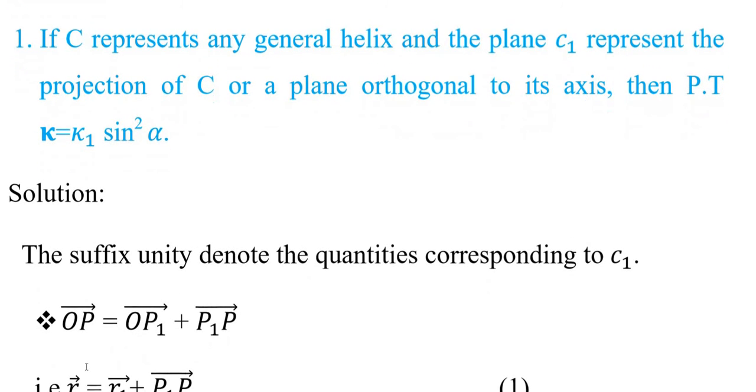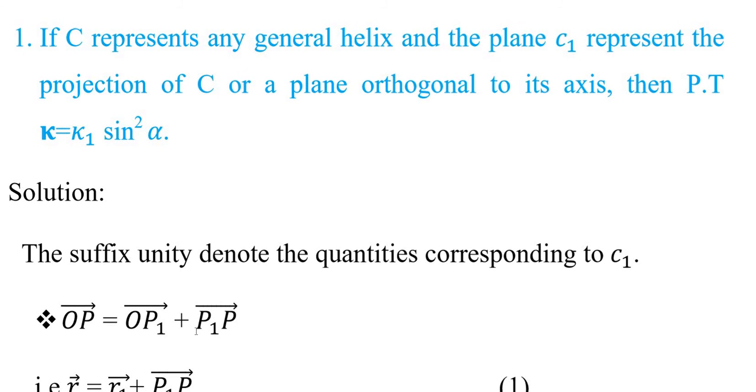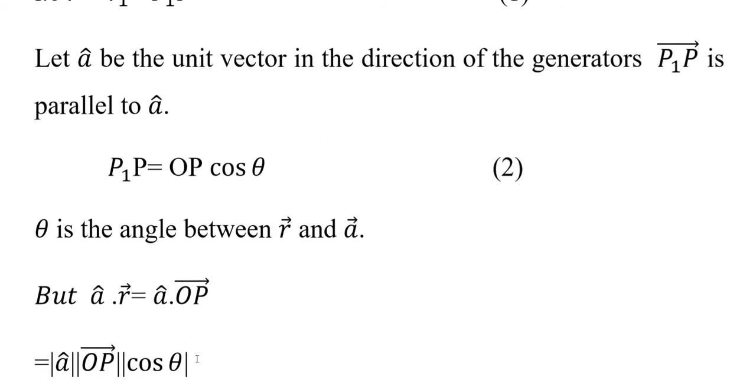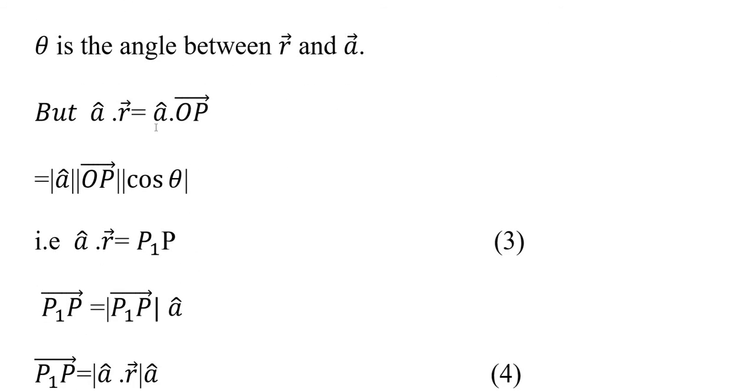It clearly says by this diagram, OP vector equal to OP1 vector plus P1P vector. That is, R vector equal to R1 vector plus P1P vector. A vector being the unit tangent vector, the direction of generator P1P vector is parallel to A cap. If we write P1P equal to OP cos theta, where theta is the angle between R vector and the A vector, then A cap dot R vector equal to A cap dot OP vector.